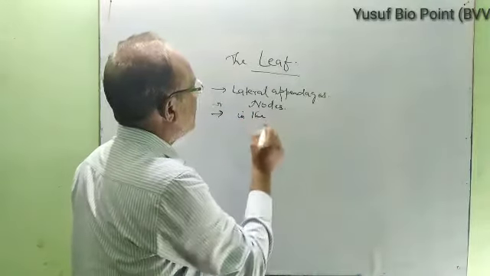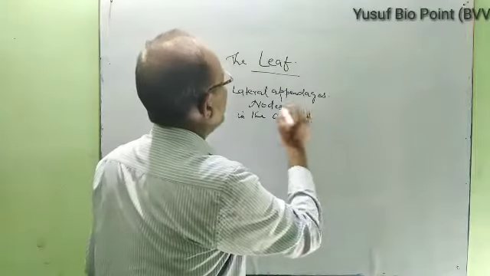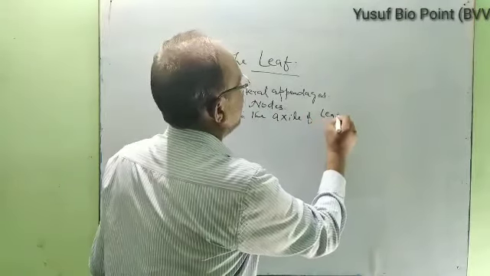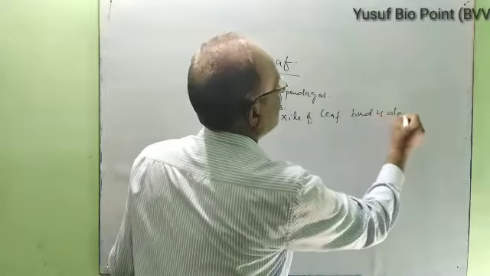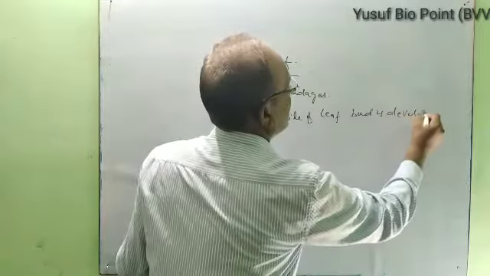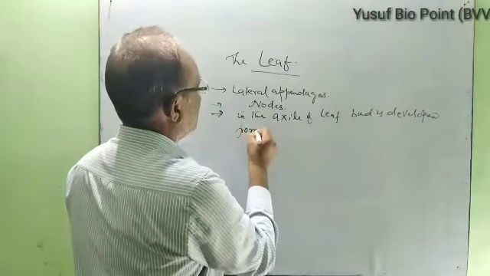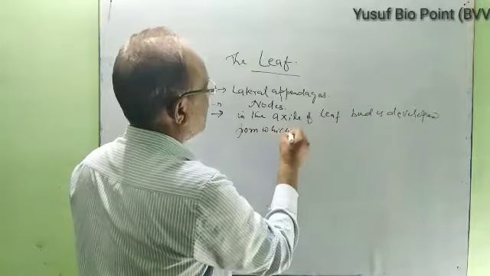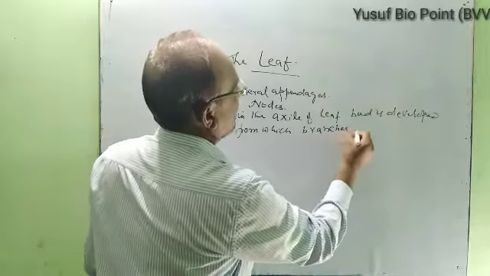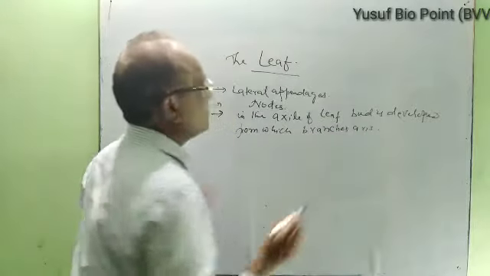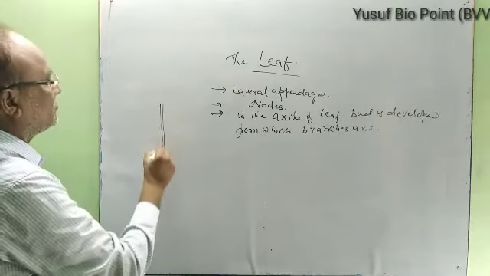Second, in the axil of the leaf, a bud is developed, from which branches arise. Meaning, this is a stem.